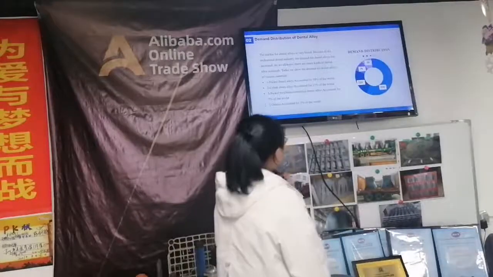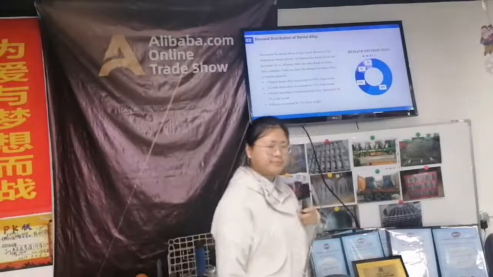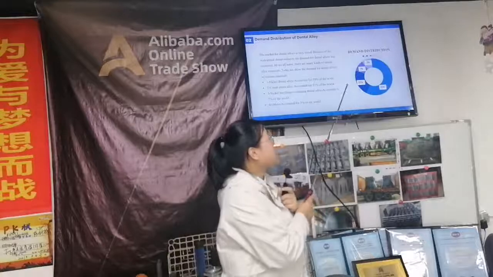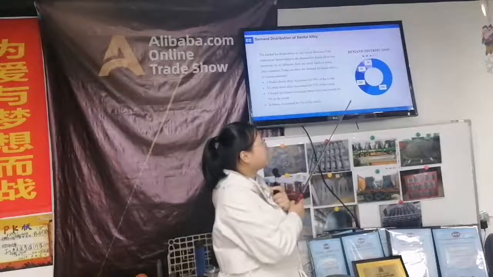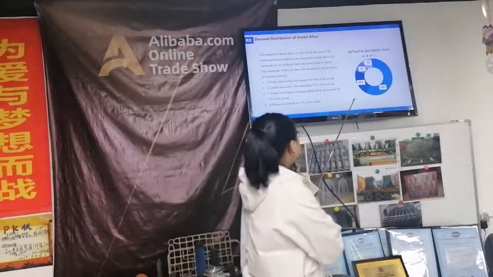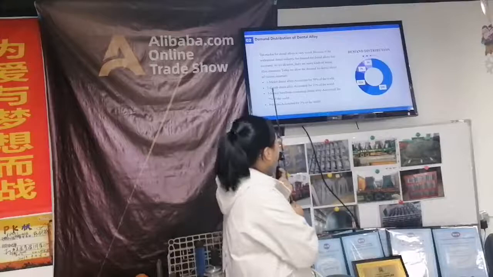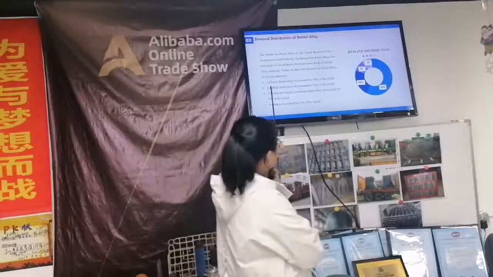Next, demand distribution of dental alloy. This photo is demand distribution. The market for dental alloy is very broad because of the widespread dental industry.